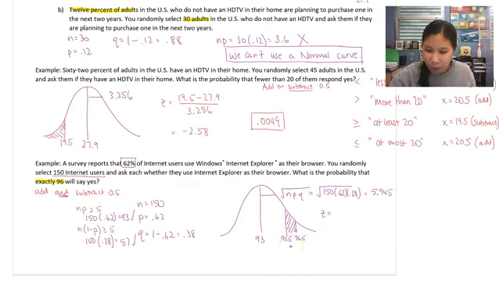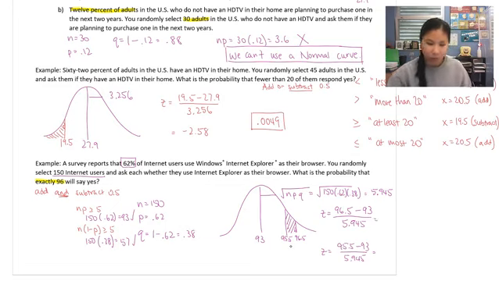So let's find our two z-scores. I'll start with the bigger one of 96.5 minus our mean of 93 divided by our standard deviation of 5.945. And then my other z-score will be for the 95.5. Okay, so the z-scores that I get are going to be 0.59 and 0.42.